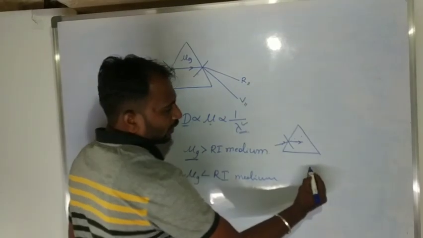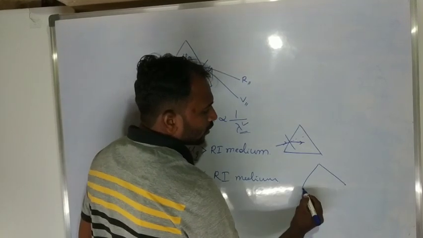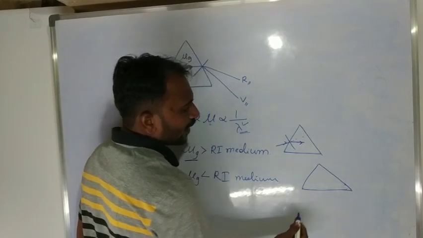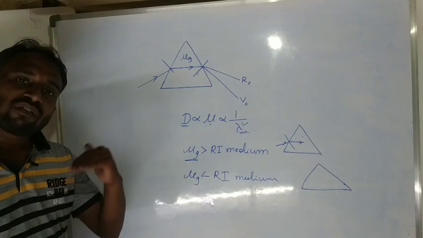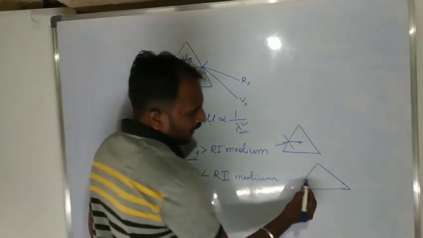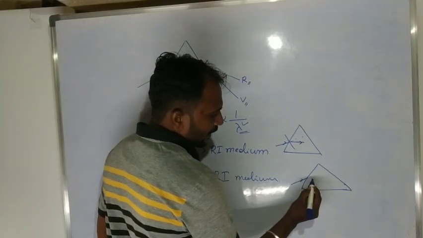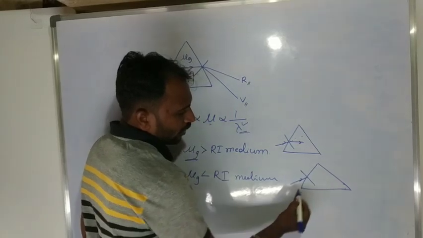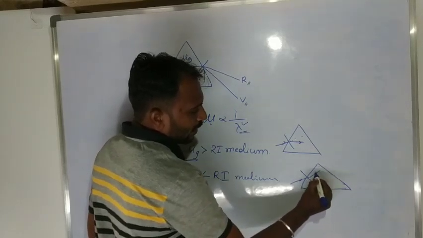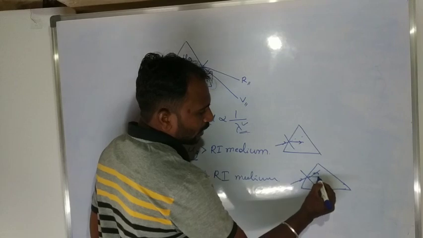Then what happens here? The refracted light ray bends away from the normal. Here this is the incident ray and the normal, and the light ray bends away from the normal.